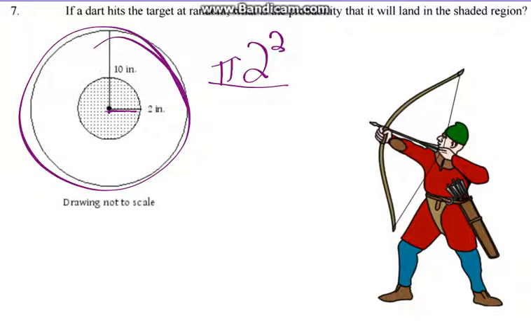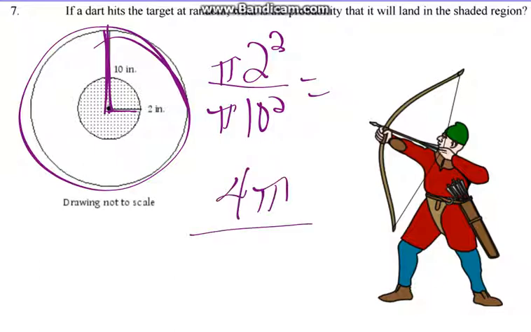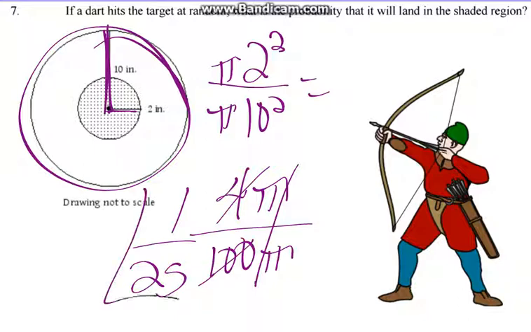The large circle is pi, and our radius for that is 10 squared. So it becomes 4 pi over 100 pi. Our pi's cancel out, and we can simplify 4/100 to 1/25, and that's our answer.